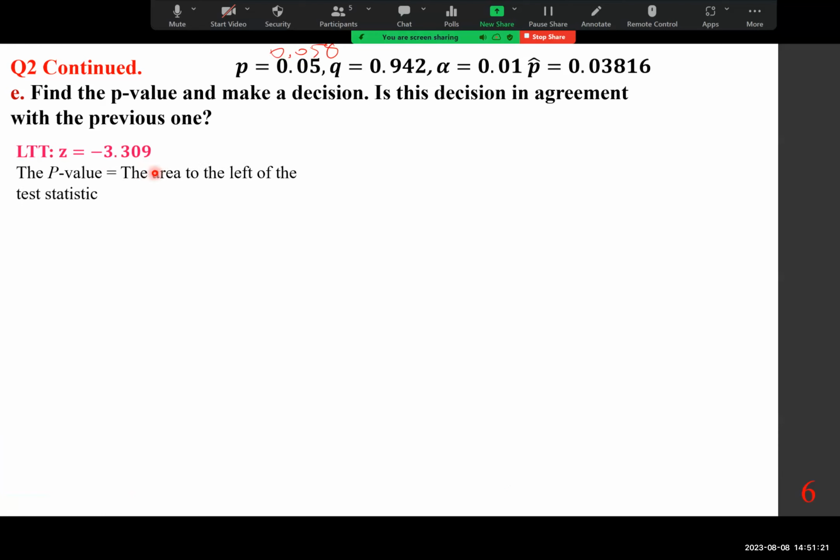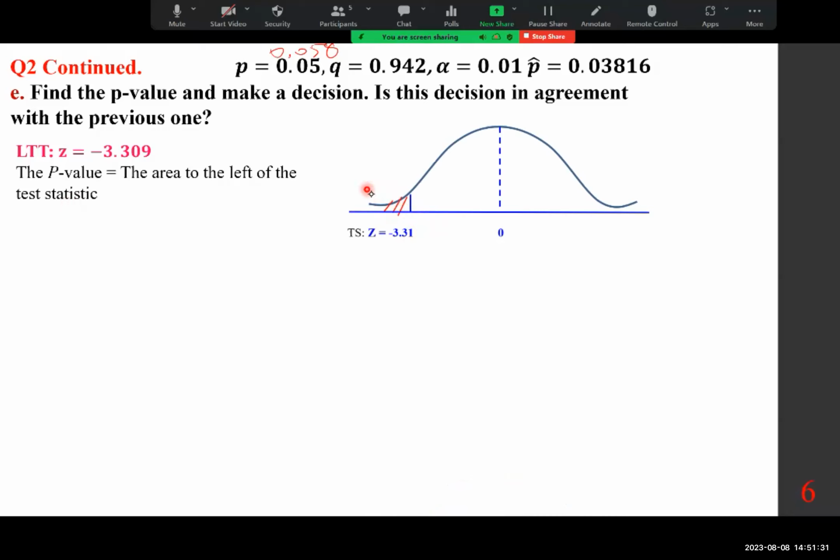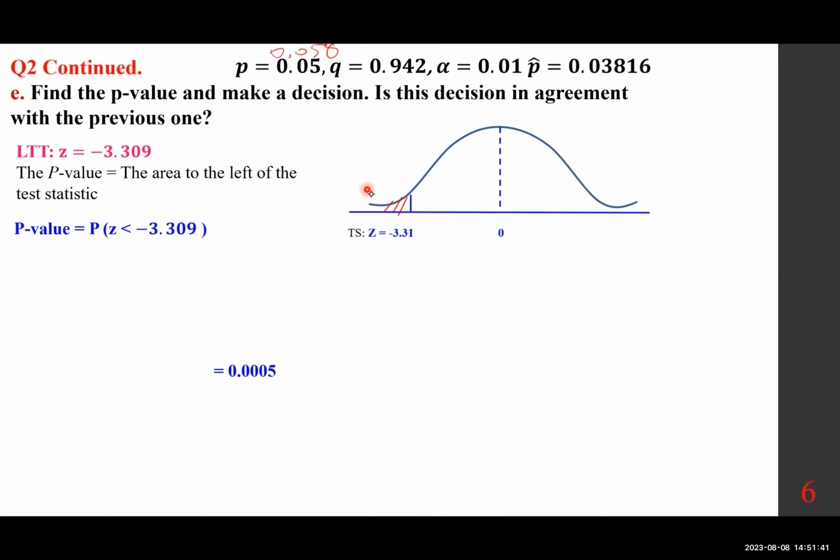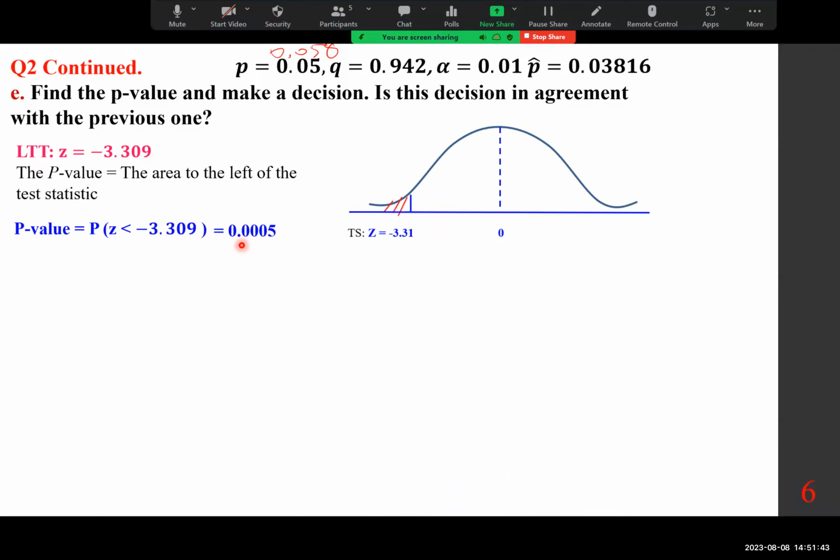Z was negative 3.309. So the p-value would be the area to the left of the test statistic. So this is our test statistic, so this area. Now you use technology or tables and you come up with the answer. If you use the table, it gives you roughly 0.0005.